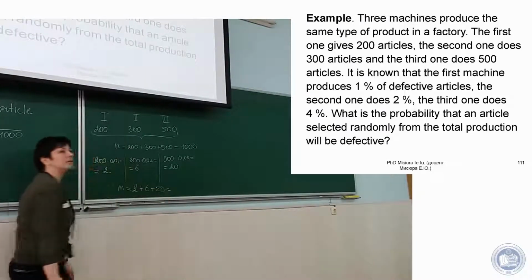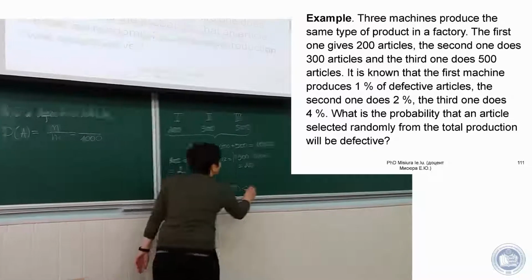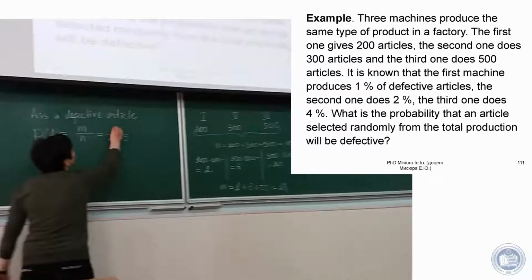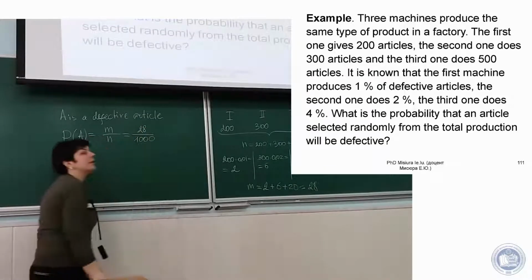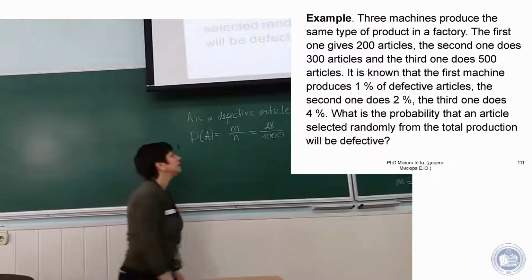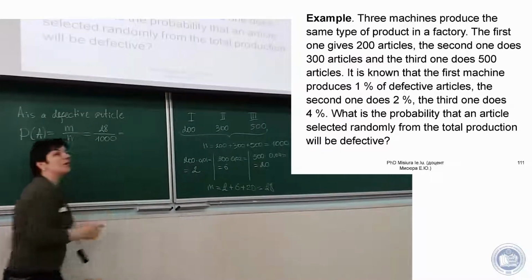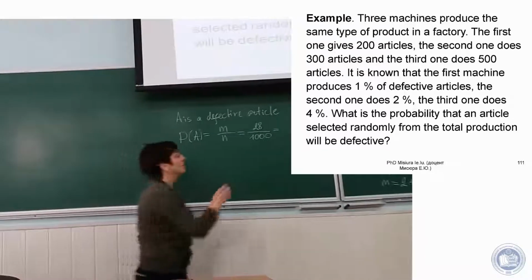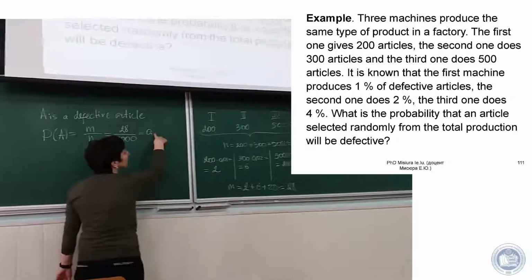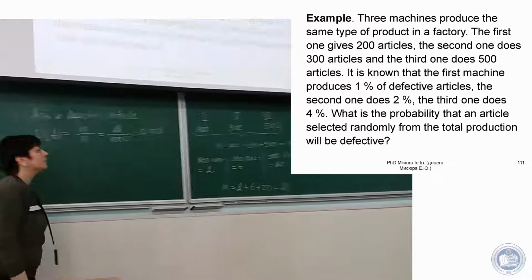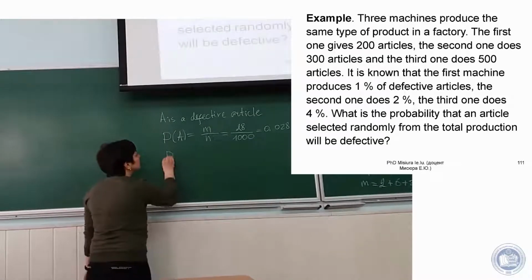It will be 28. If you substitute, you get 28 divided by 1000. Its fraction, let's call it decimal, is 0.028.